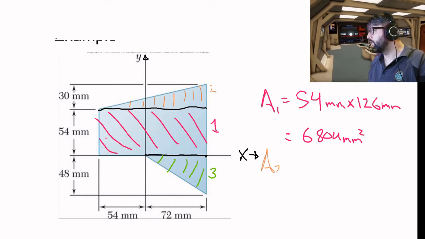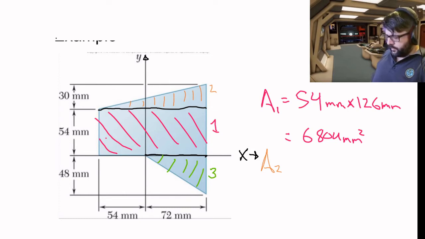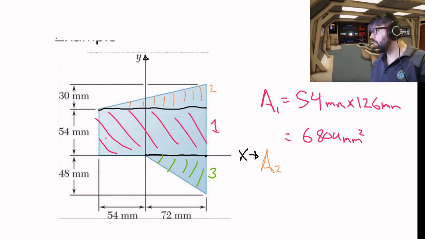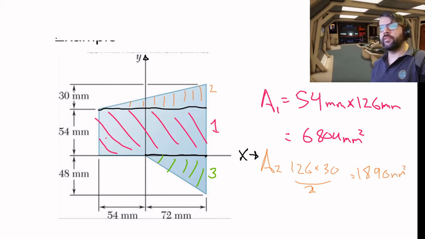So A2, so that's 126 times 30 divided by 2. And again, it's all millimeters. So that gives us 1890 millimeters squared.